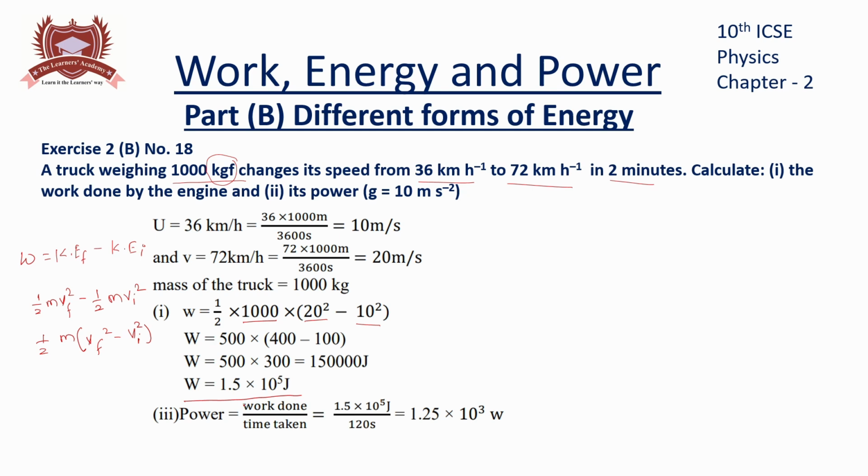So we can put in that value here and we get the power as work done upon time taken. So it would be 1.5 times 10 to the power of 5 divided by 120 seconds, giving us the final answer as 1.25 times 10 to the power of 3 watts. Pay attention here, this is work done and this is watts. So we can also write it as 1.25 kilowatts.